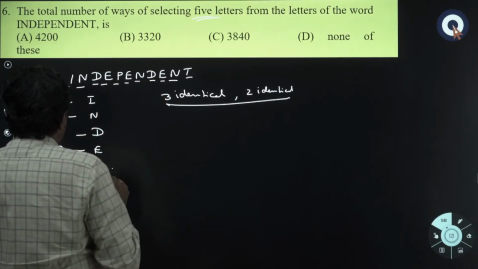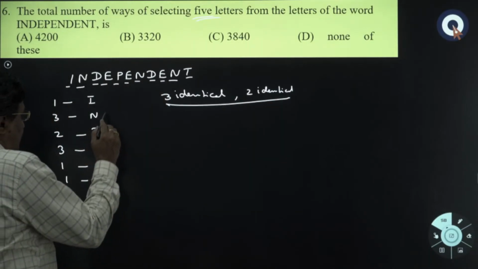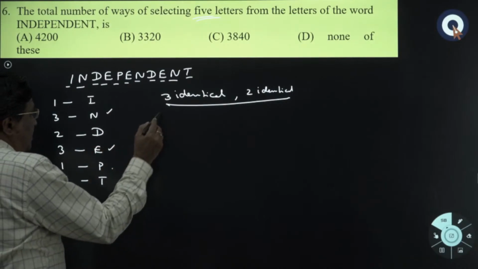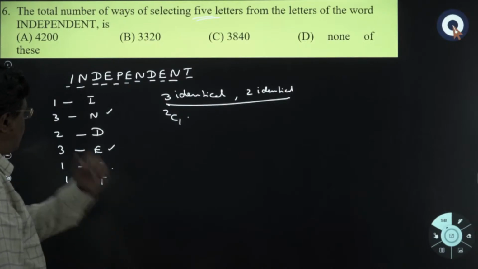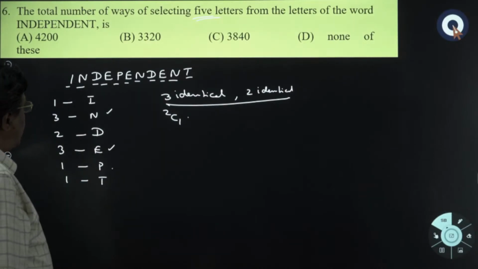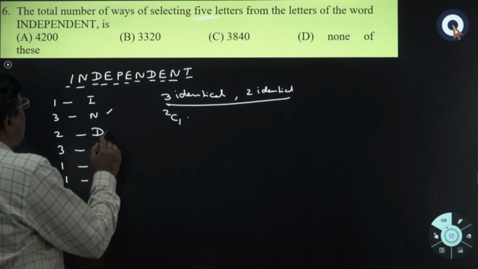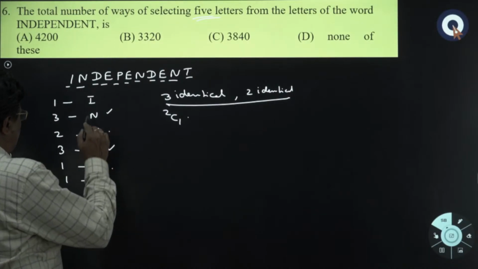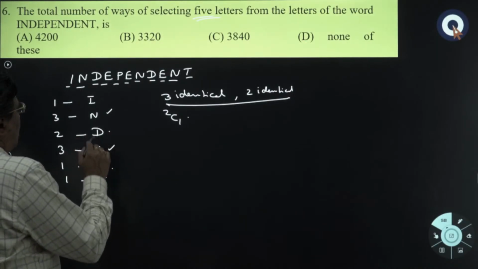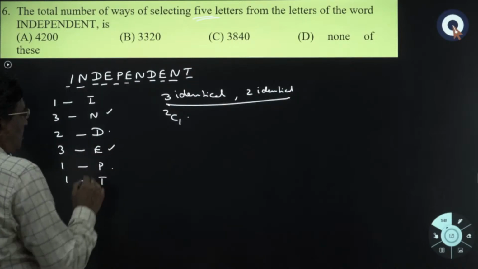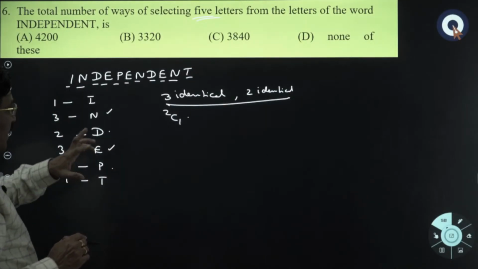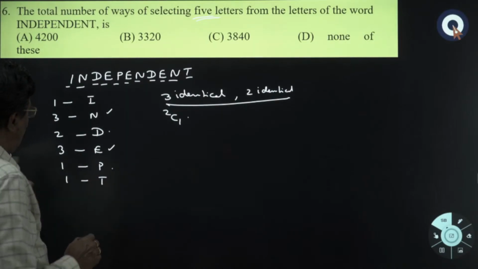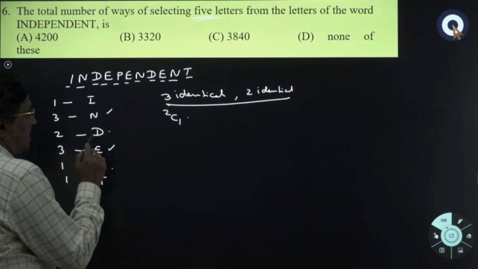In that case, if you want to take 3 identical, from these 2 varieties, you select any one variety. Having selected one variety, take all the 3 out of that. And 2 identical, you need to take only these varieties, because this is the only variety which has, so here 3 identical and 2 identical. So from this you can take one variety.